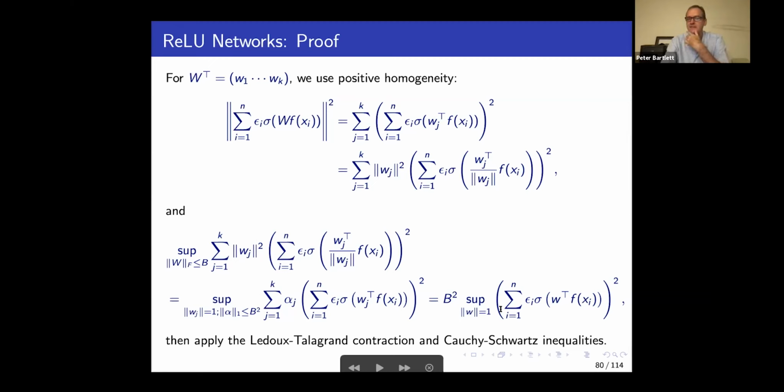And that's just a squared Rademacher complexity for this ReLU nonlinearity, which is Lipschitz, applied to these functions. The Lipschitz passes through the Ledoux-Talagrand contraction inequality. And then we're just considering where we've got a norm of W equals 1 here.